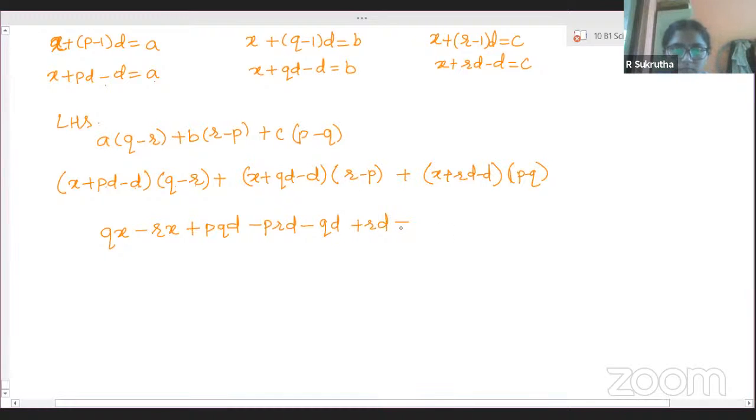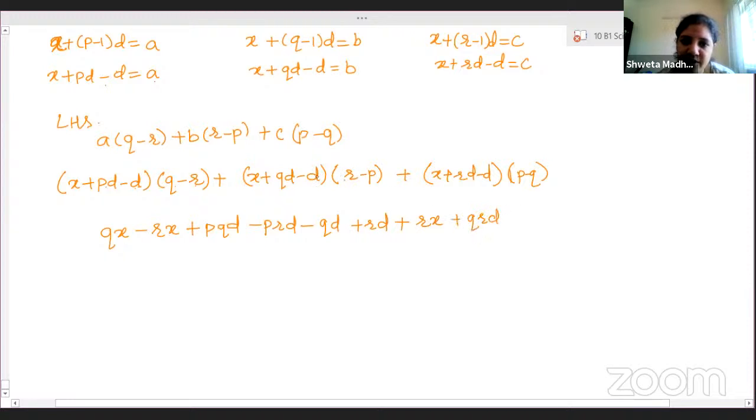Now, plus r into x, rx; r into qd, qrd; r into minus d, minus rd. Then with minus p, we will multiply to all of them. Minus px, minus pqd, and plus pd.